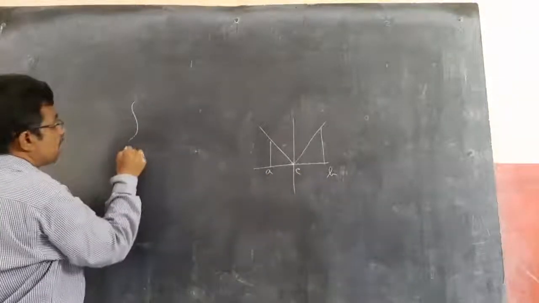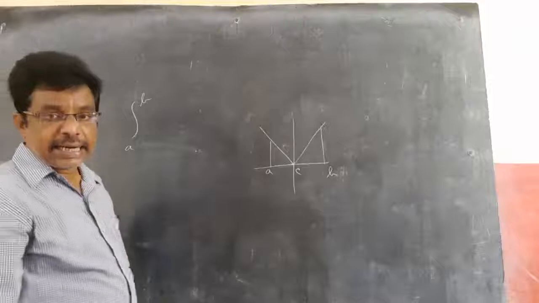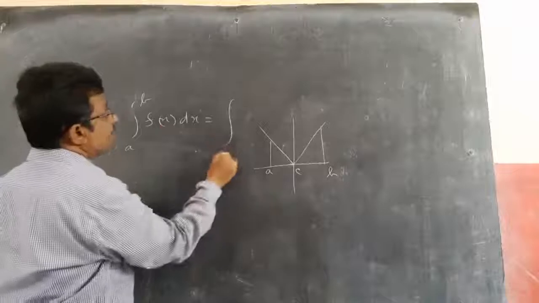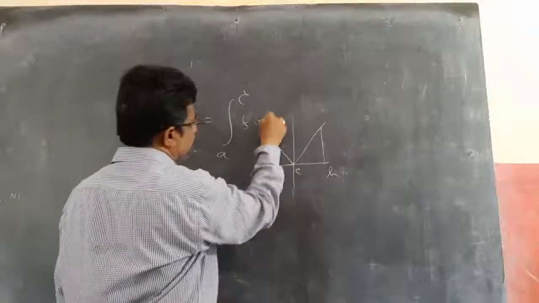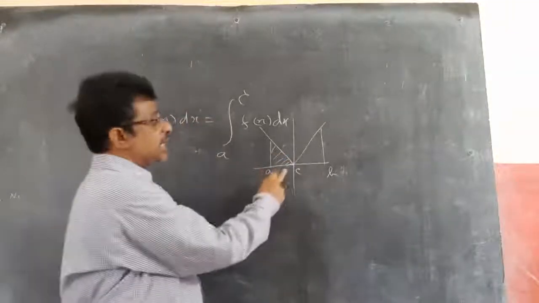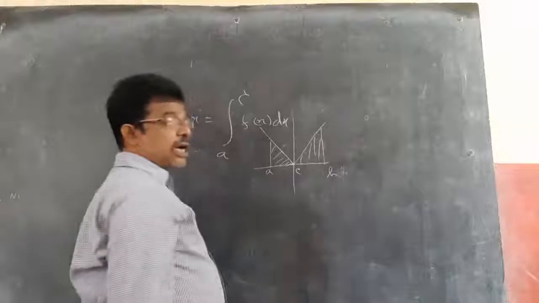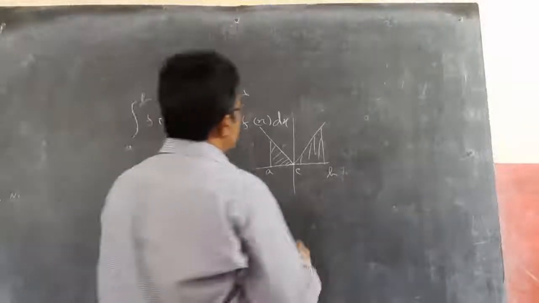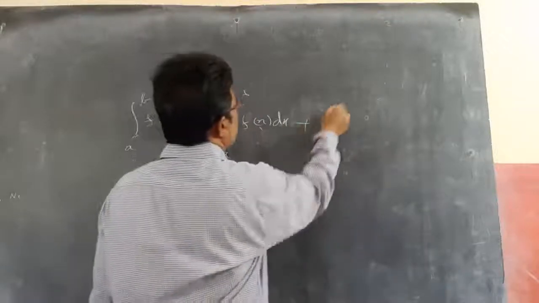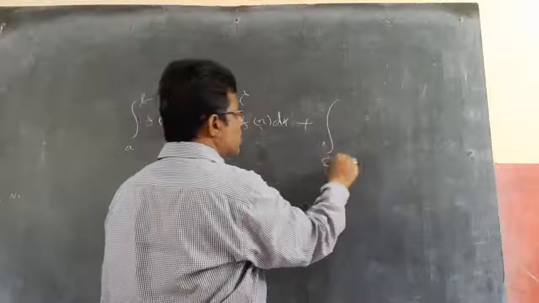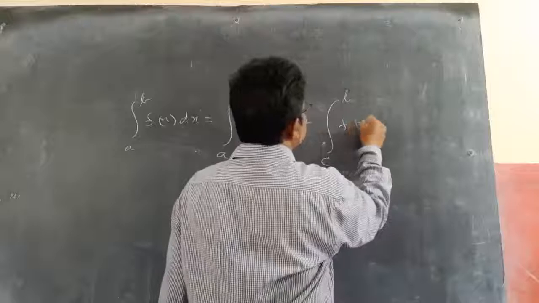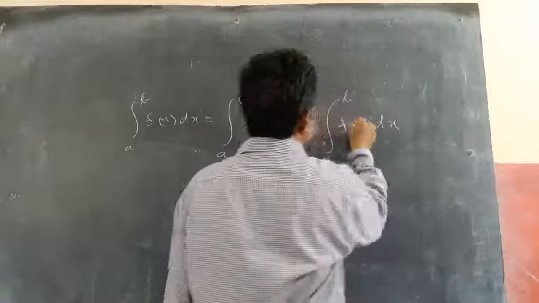So the integral of a to b f(x) dx equals the integral of a to c f(x) dx, where it is continuous and differentiable, so I can find this area, plus the integral of c to b f(x) dx, where the function is discontinuous only at c. The sum gives the total area.